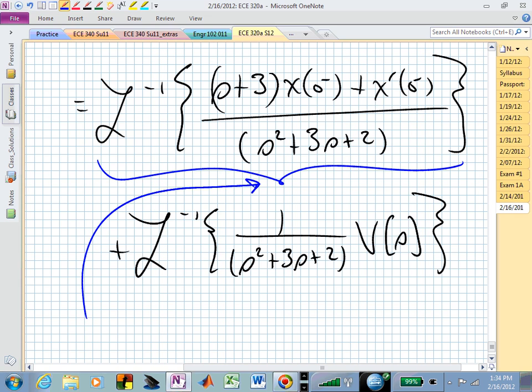So whatever our circuit was with the initial conditions, now we know what the response of that circuit to those initial conditions becomes. This is now the response due to initial conditions.